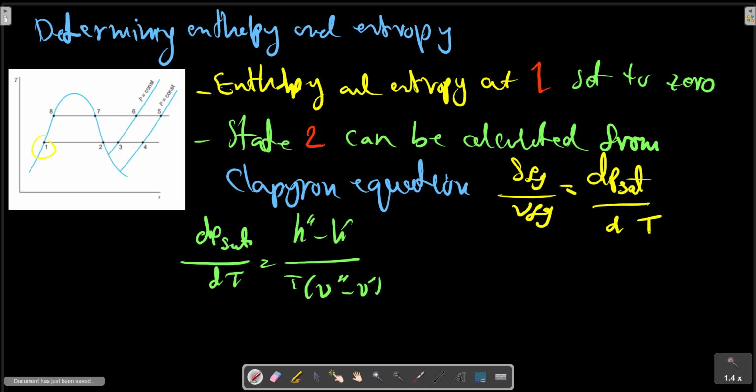The left-hand side of this equation is found by differentiating the equation for ln Pr.